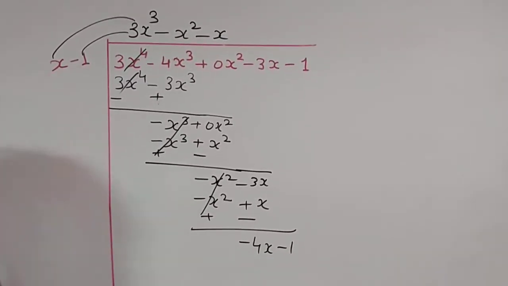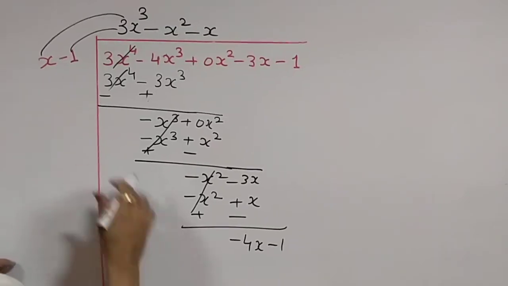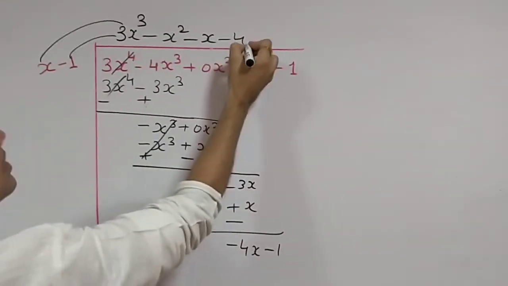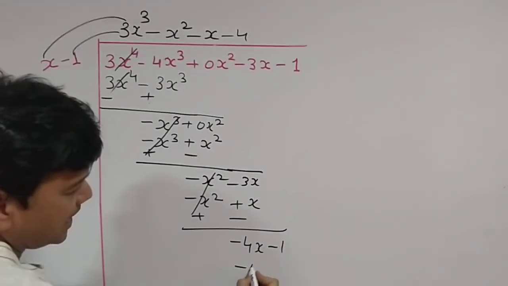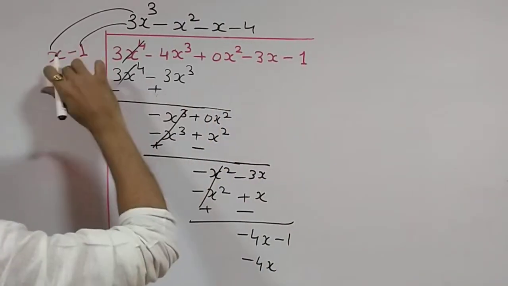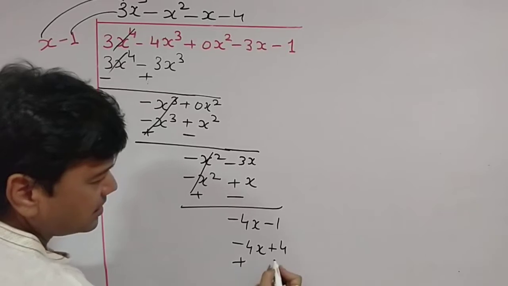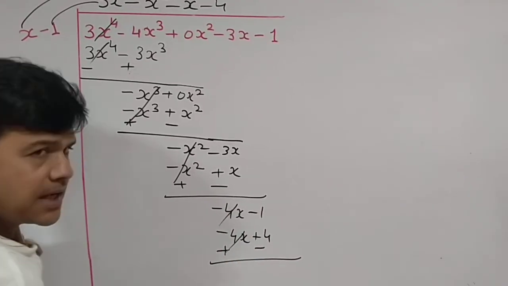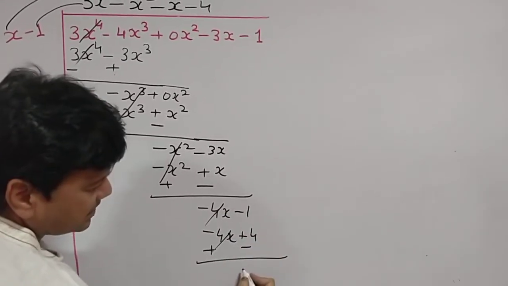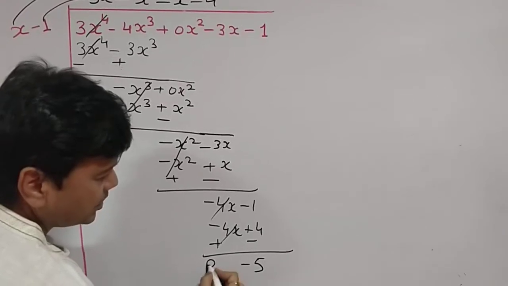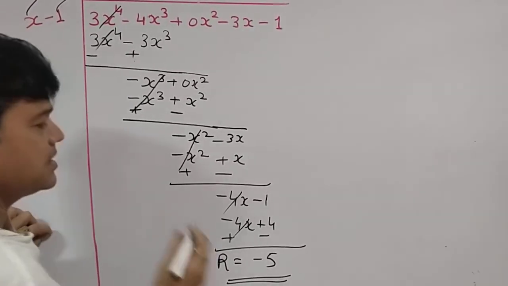Now you want minus 4x, so multiply by minus 4 into x. Minus 4x. Minus into minus is plus. Change the sign again, and again these two are cancelled. What is left? Minus 1 and minus 4, minus 5. So the remainder is minus 5.